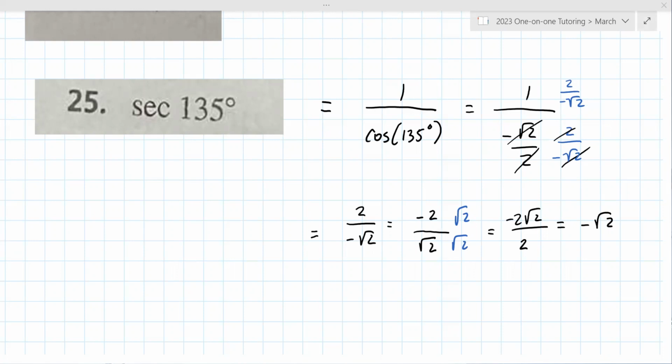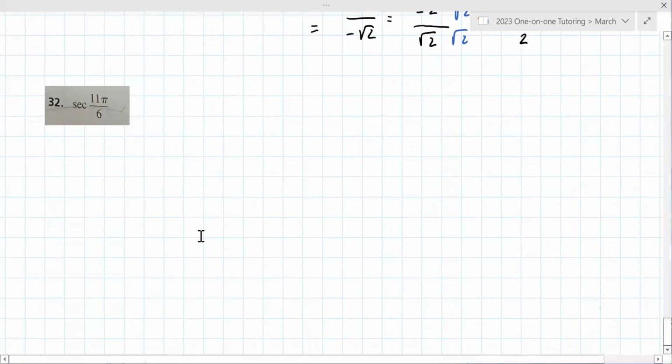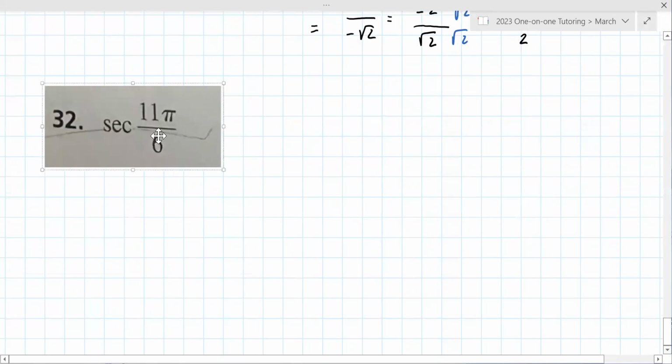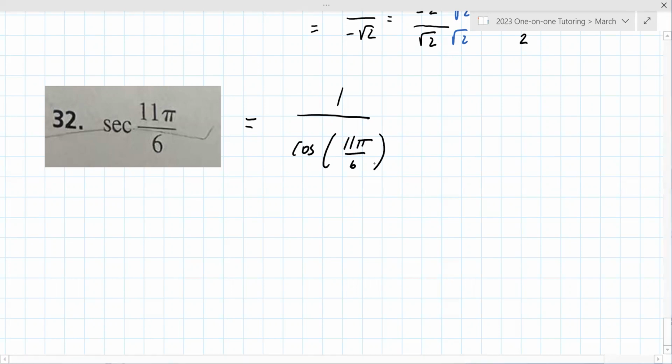Okay, all right, so let's look at 32. It's another secant. All right, you want to first figure out is 11 pi over 6 on the unit circle, because this is really 1 over the cosine of 11 pi over 6. So 11 pi over 6.